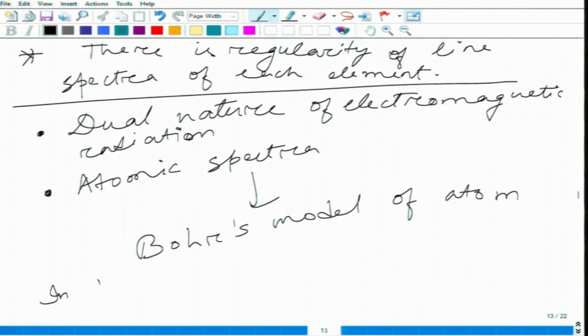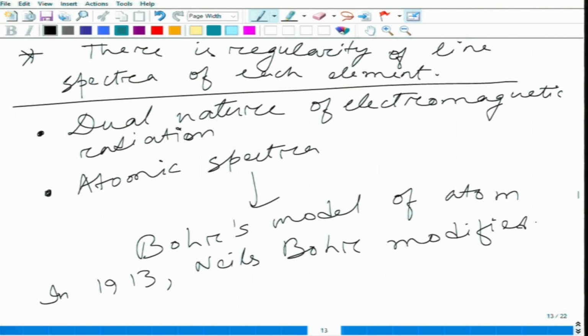In 1913, Niels Bohr modified Rutherford's model and proposed Bohr's model.